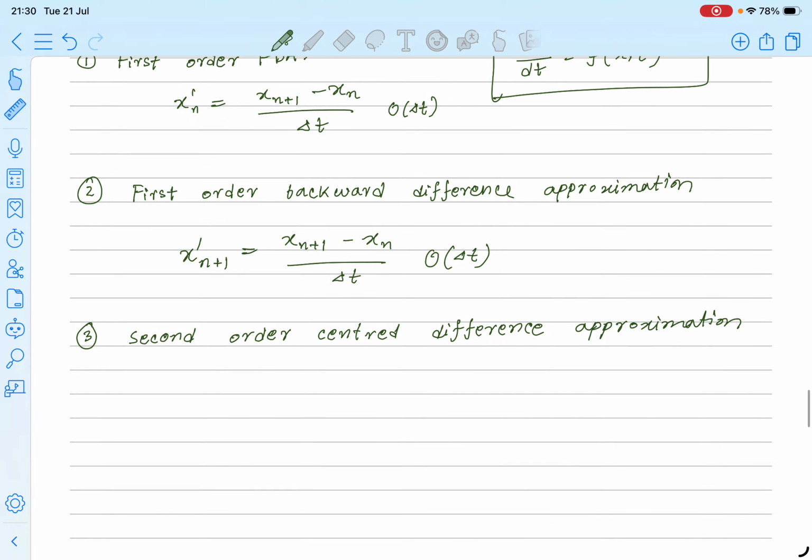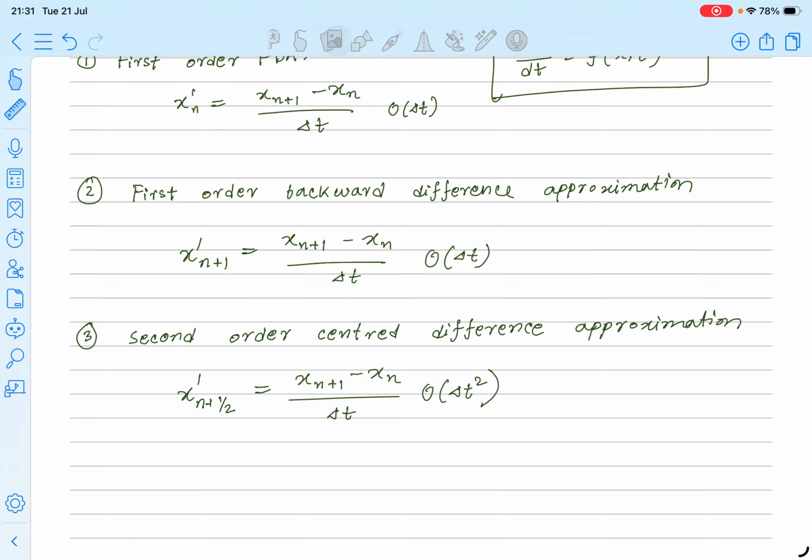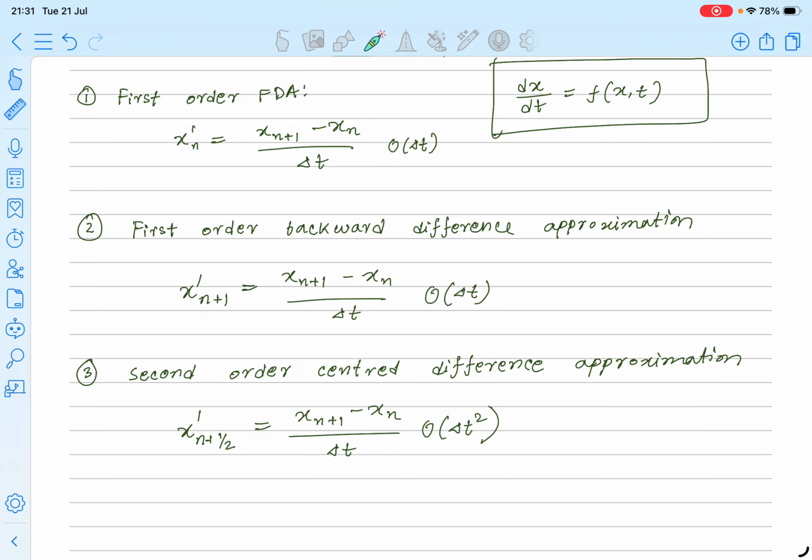Here the formula is x'_{n+1/2} equals (x_{n+1} minus x_n) divided by delta t, and the order is delta t squared. So this is second order. The reason I am making this video is that I want to explain why this is first order, this is first order, and this is second order.